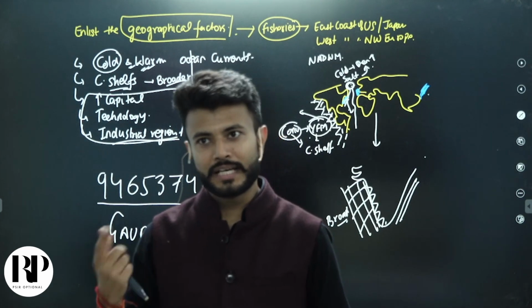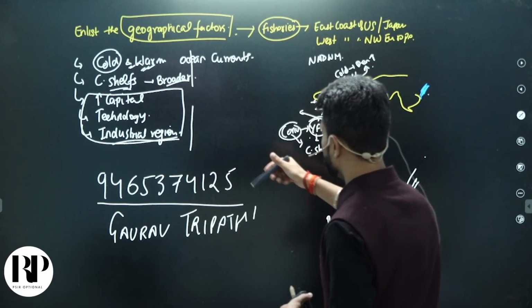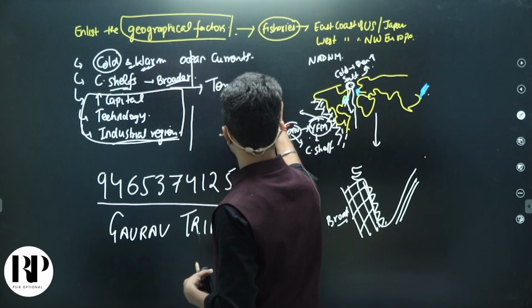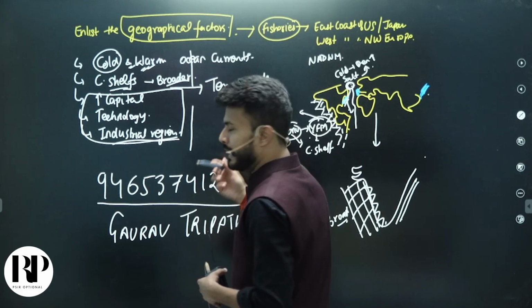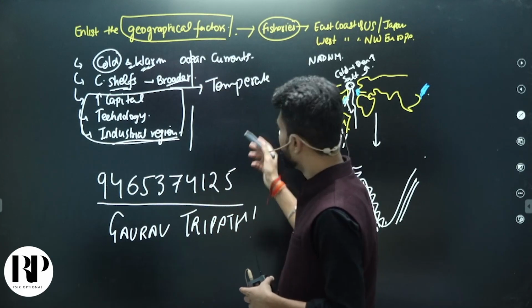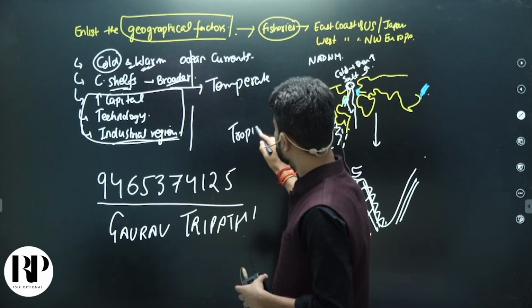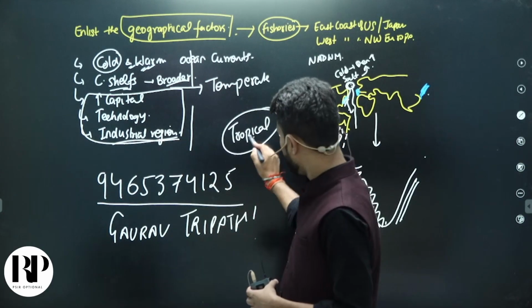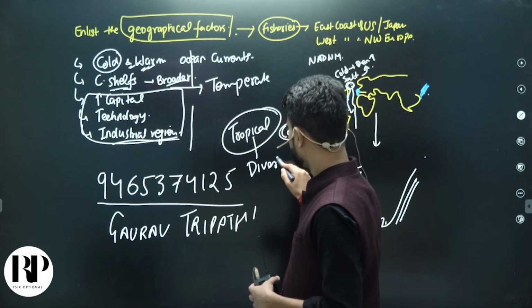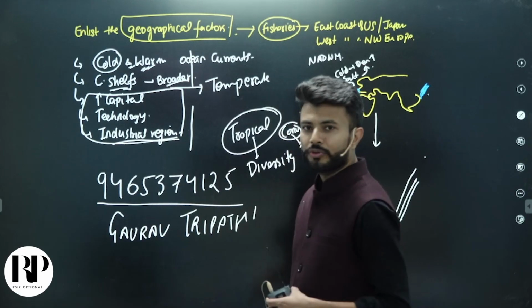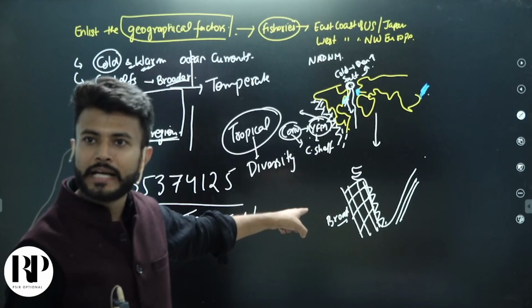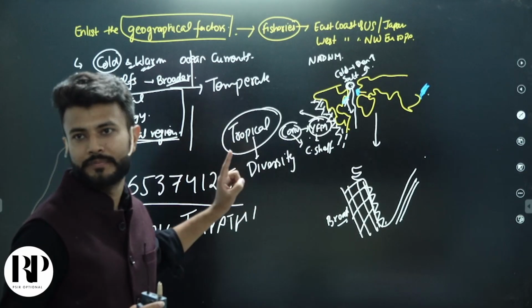Fishing culture, for example, one important physical reason is also the temperate climate. If we compare this with India, India has a tropical climate. Now, tropical climate is known to have higher diversity. So when it comes to the variety of fishes, India will have more variety of fishes compared to the US.